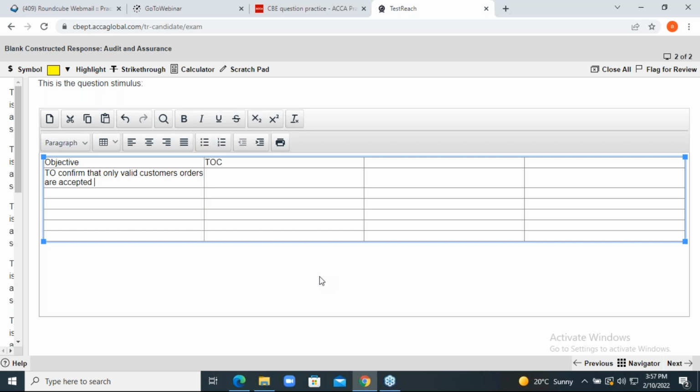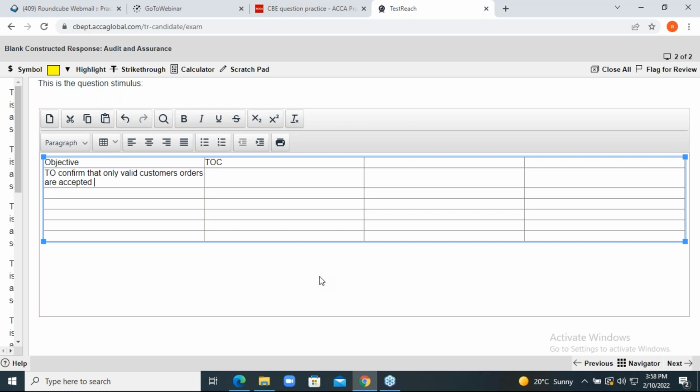Now how is this company validating this? They have registered their valid customers and provided them unique customer numbers. So the objective is very clear: if we order a sales order for a customer whose valid number is not registered in the system, the system will not respond.